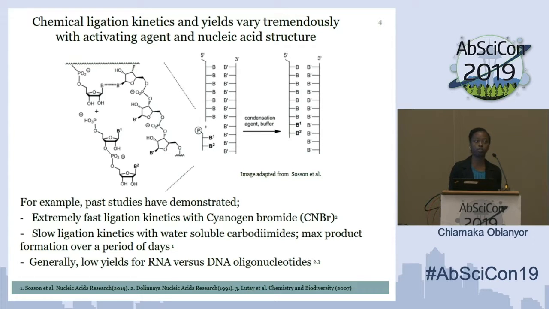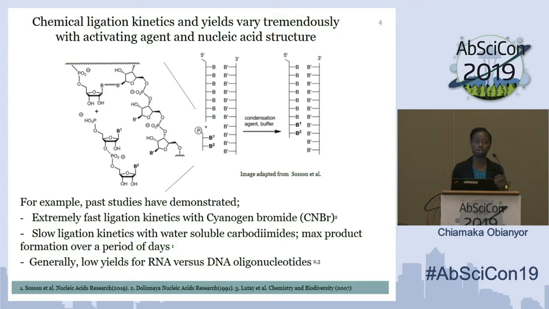Some of the things we found about condensing agents in general was that even though this has been studied a lot in the past, there did not seem to be a consensus on which condensing agents were superior. For instance, we looked at a lot of studies with cyanogen bromide, which has very fast ligation kinetics, but cyanogen bromide is highly toxic, and the fast ligation kinetics actually prevents you from understanding the mechanisms.